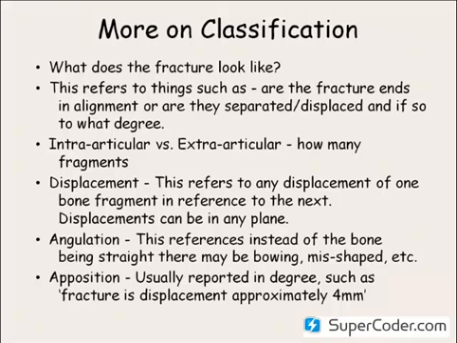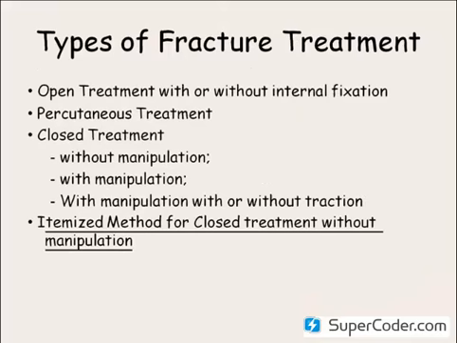On slide number 8, where it gets a little confusing is we all understand open treatment. Open treatment with or without internal fixation, percutaneous treatment. It's the closed treatment that at times causes us irritation and we're not sure how to bill for it, because there are really 4 options when it comes to closed treatment.